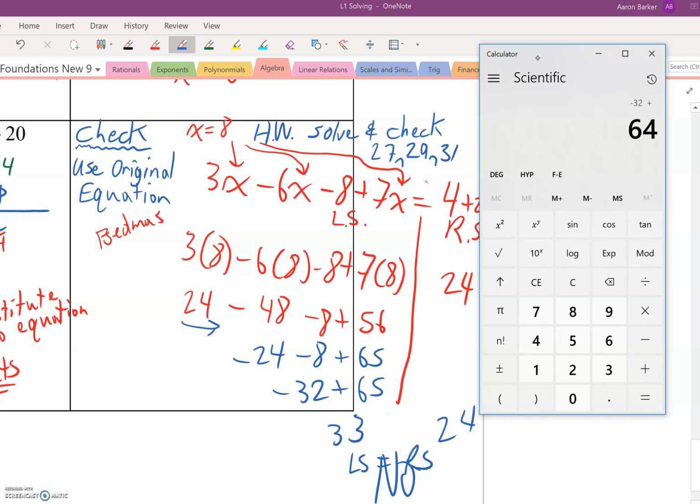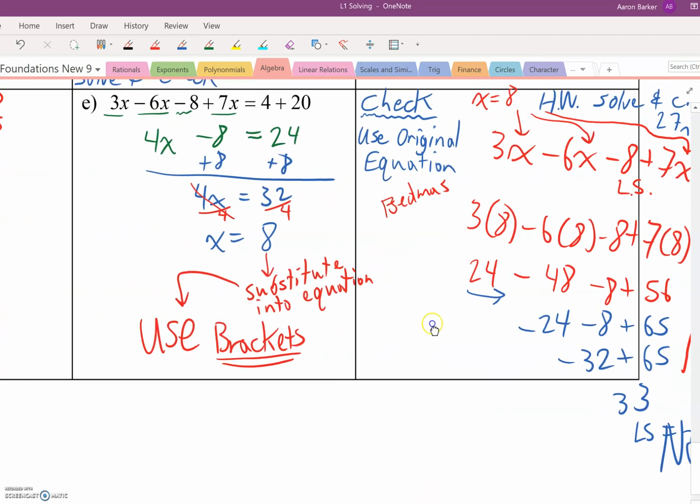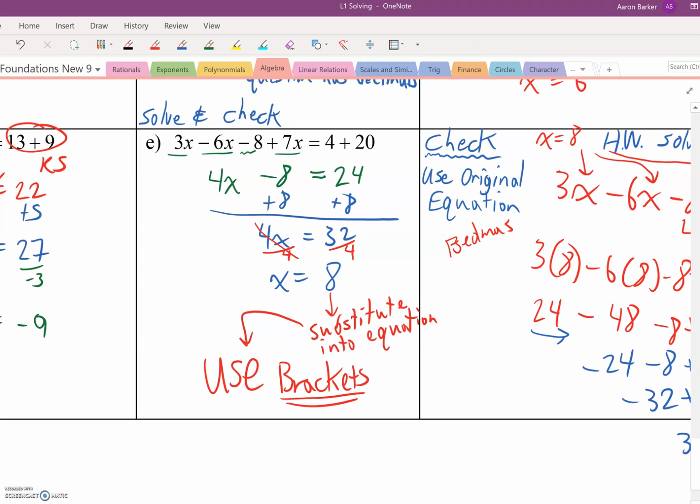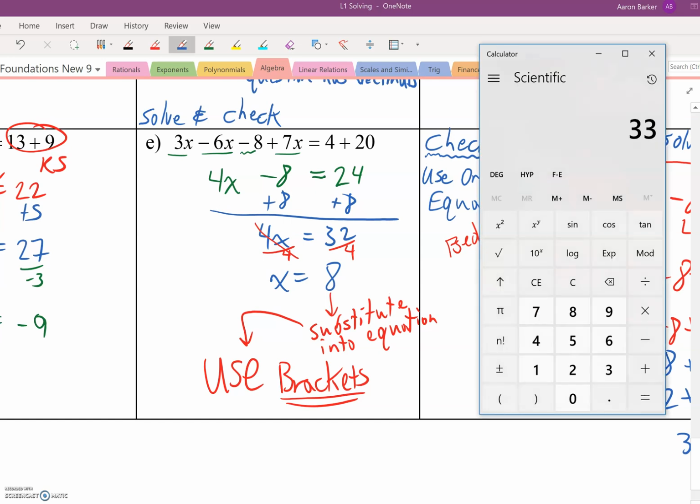Whoops. 65 equals 33. Okay, so somewhere I made a mistake over here then. I'm going to go back and check. So let's double check my addition. So 3 minus 6, that equals negative 3, plus 4 equals 1. That's my mistake right there.